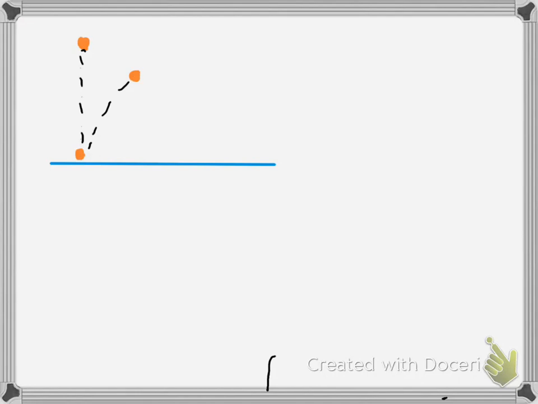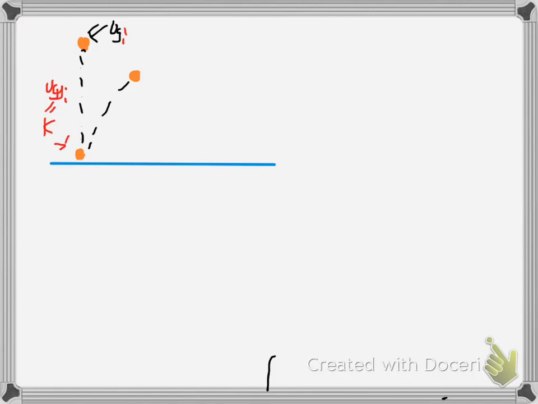Right now, at the very top, where we're dropping this ball from, it only has gravitational potential energy. Here, it has only kinetic energy. But that kinetic energy, right before it hits the ground, is going to be equal to that initial gravitational potential energy.